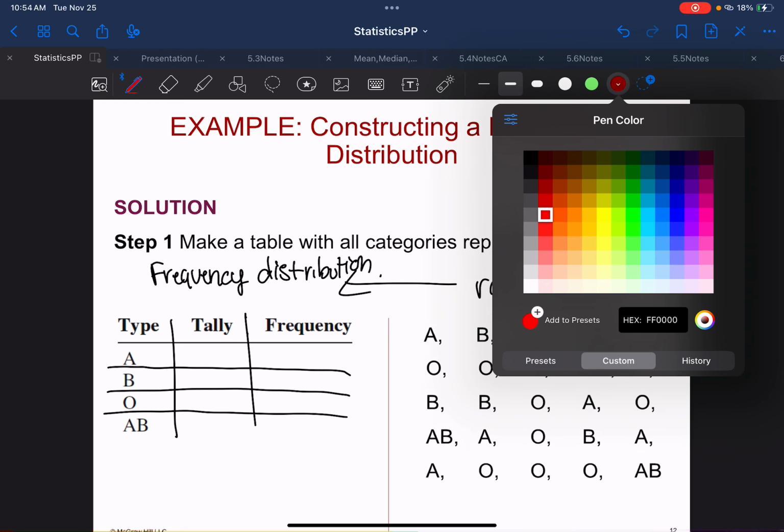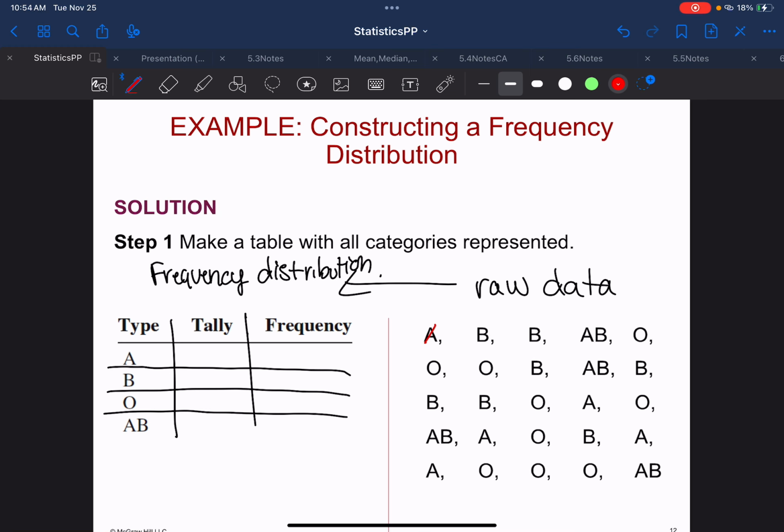For example, for A, I have one A here, so I can put a tally mark there. Another one there, another tally mark. Another one there, another tally mark. And one more there, so that's 5.